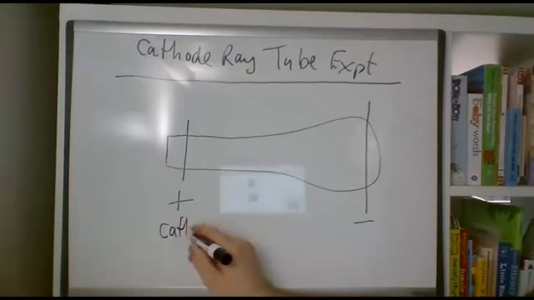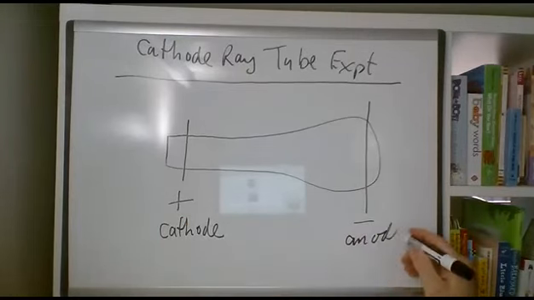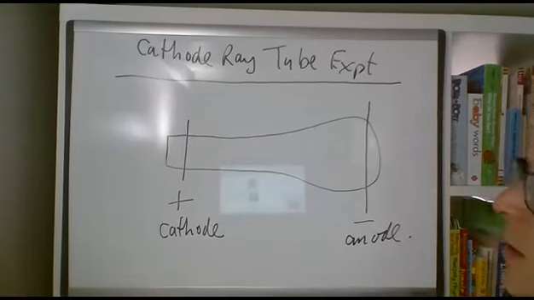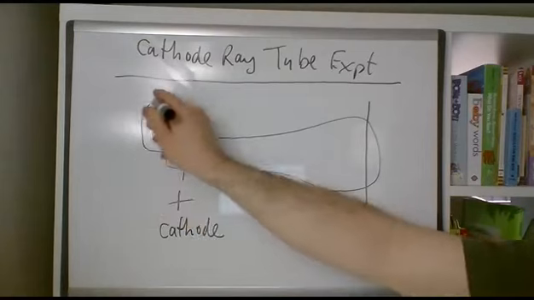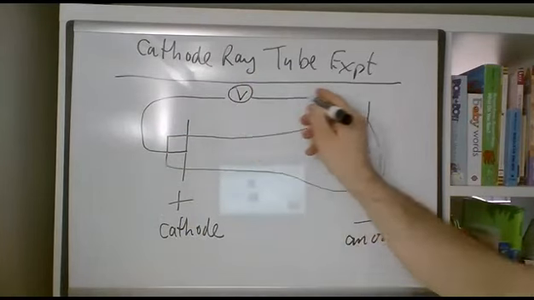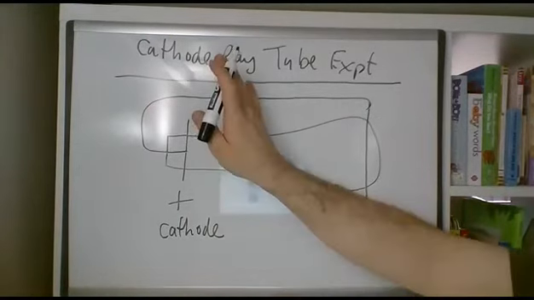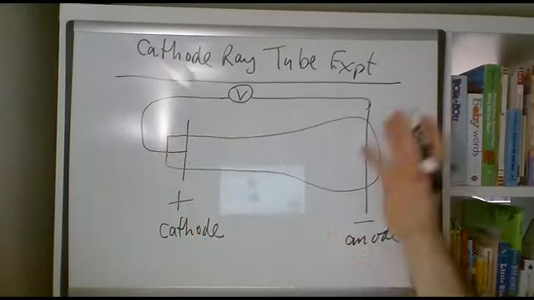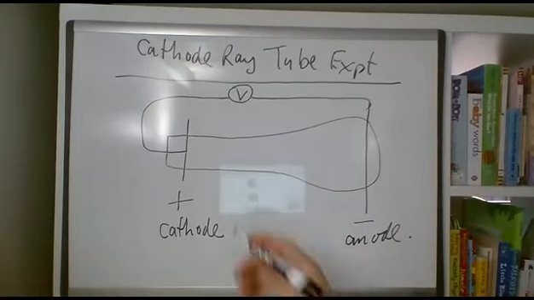And the positive plate is called the cathode, and the negative plate is called the anode. To generate this, he connected it to a source of voltage, and he pumped voltage across this to generate the difference in voltage.